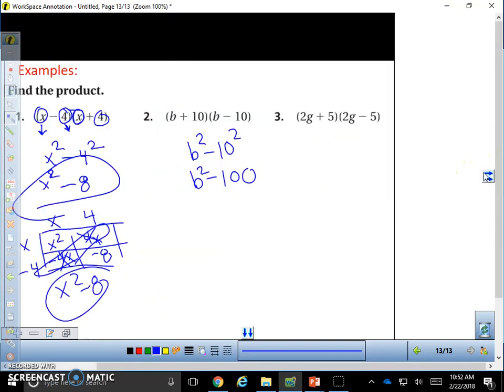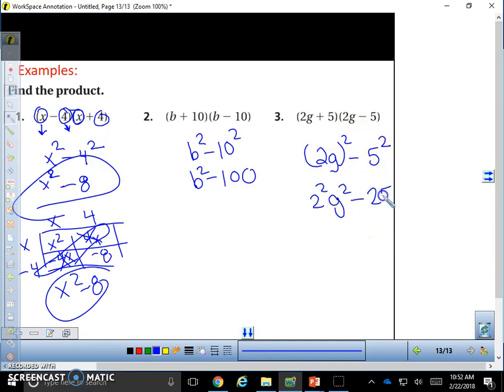All right. Example 3, plus minus, everything else is the same. So (2g) squared, parentheses are super important for this one, minus 5 squared. So g is going to be squared, but also 2 is going to be squared.